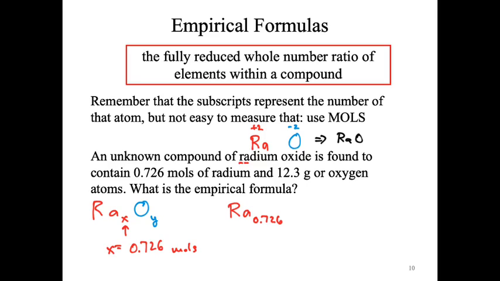And remember, it's not just that it's a whole number integer, it's a whole number integer ratio between the two. Do I know what Y is yet? No. So what do I need to do? Figure out Y. So what is Y in this case? Y needs to be moles of oxygen. What information do I have? I have grams of oxygen.